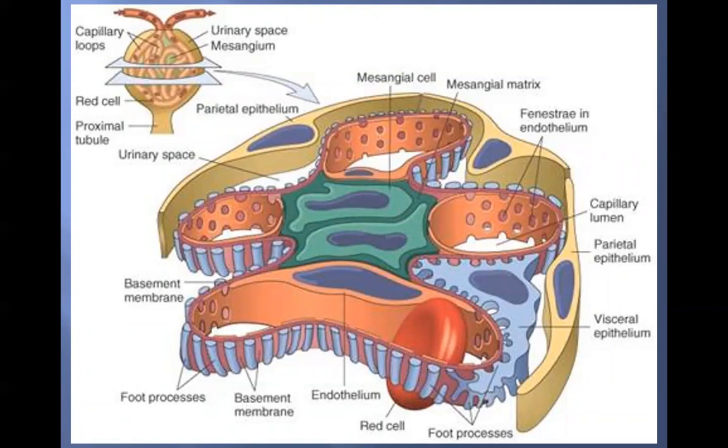Four capillaries. They are held together by mesangial cells. So mesangial cells in the glomerulus are the cells which are holding a group of capillaries. So in one glomerulus, there are different groups of capillaries. Just for example, they have taken one.